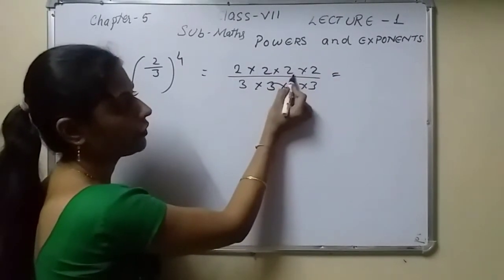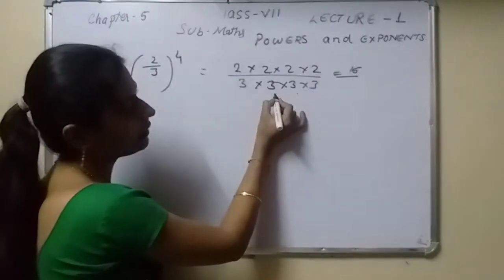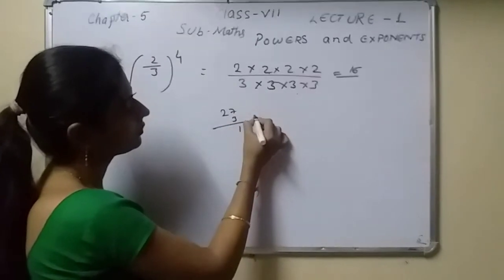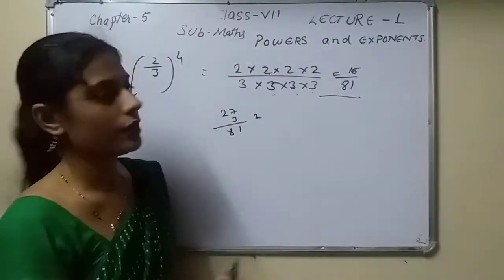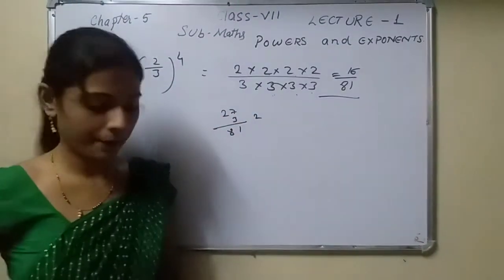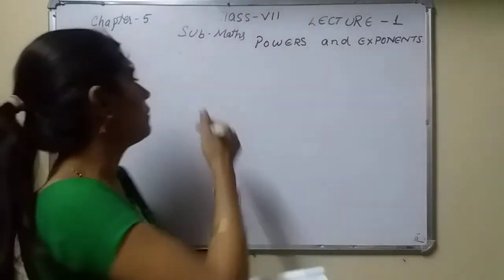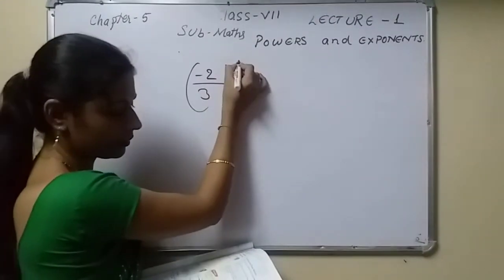Multiply 2 times 2 is 4, 4 times 2 is 8, 8 times 2 is 16, 3 times 3 is 9, 9 times 3 is 27, 27 multiplied by 3 is 81. So the answer you got here is 16 by 81.